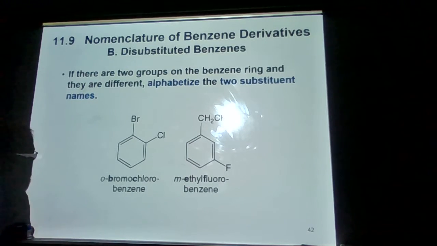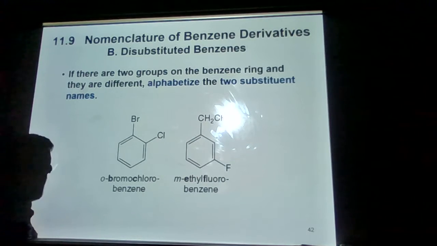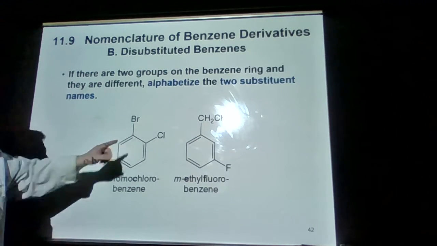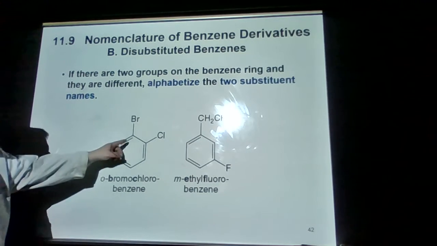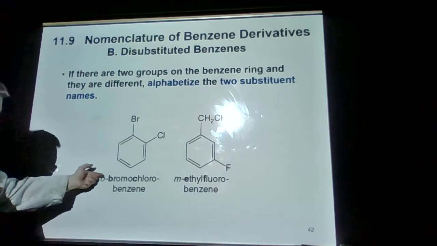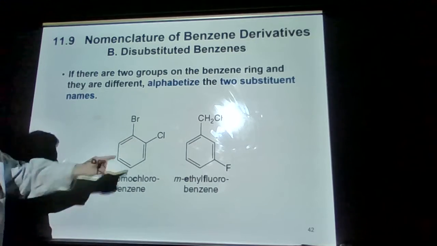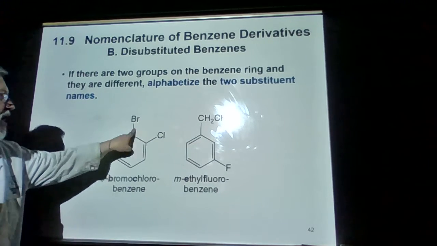When we have two groups that are not alike, we list them, and the first substituent that comes alphabetically is the first position. Bromo is at the 1 position, but the bromo and the chlorine are next to one another.